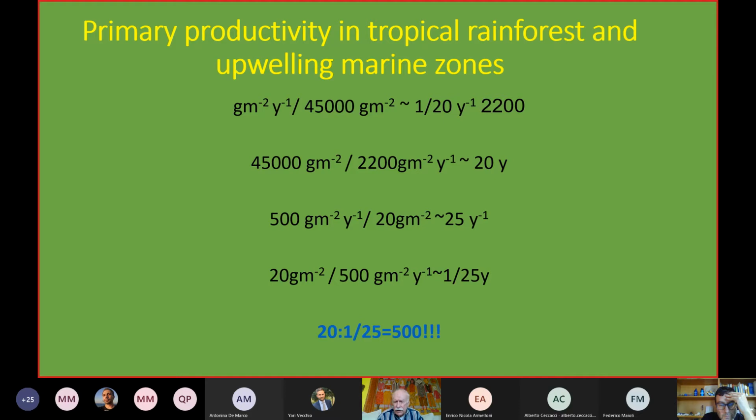The ratio is that per unit biomass, the algae are about 500 times more efficient than terrestrial plants. Let us break up for a few minutes.